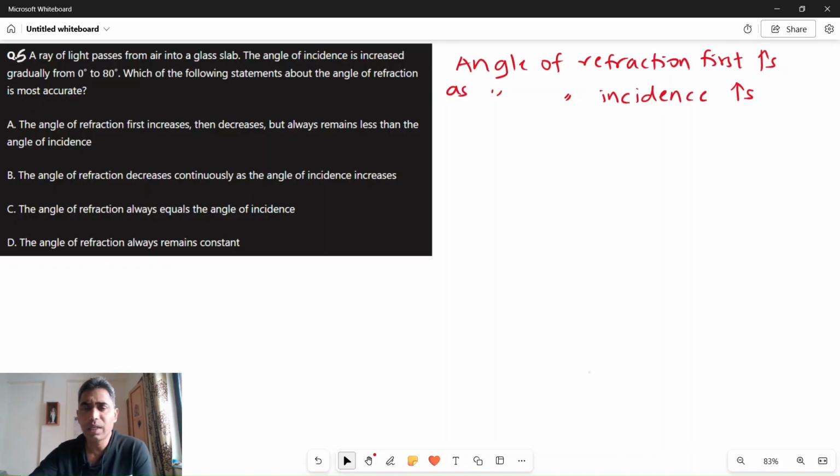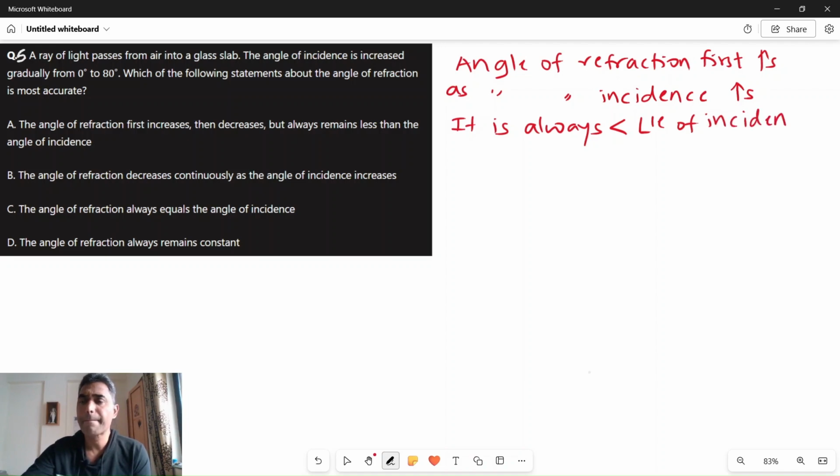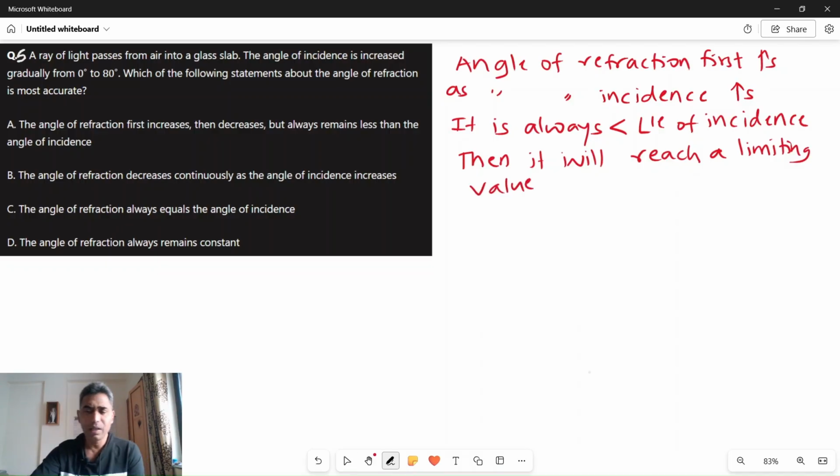One thing is, it is always less than angle of incidence. This also we should note. It is always less than angle of incidence. Then, on further increase, the angle of refraction will reach a limiting value. After that, it will not increase.